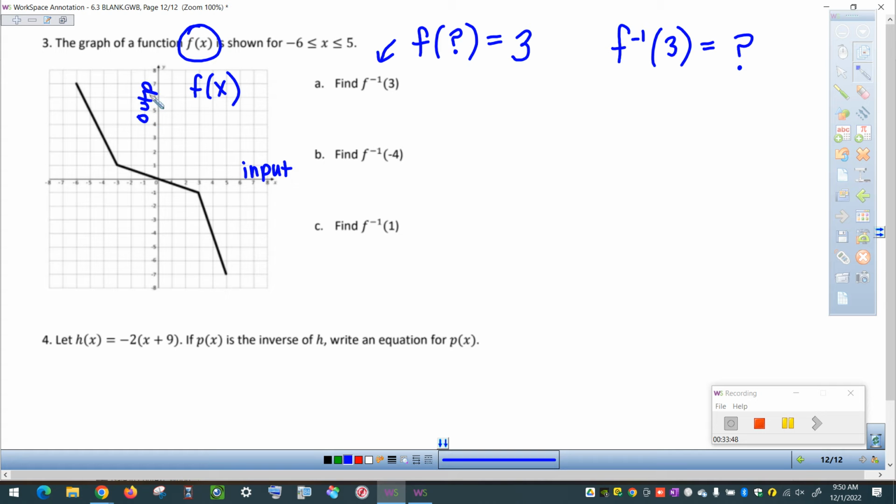The y-axis represents like the original outputs for f. So it's kind of like we're trying to figure out from the graph what input would have resulted in an output of 3. 4. Is it 4? I think so. Let's see. Or is it the other way around? Is it 1?